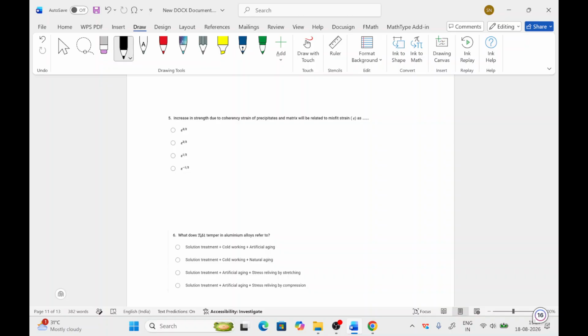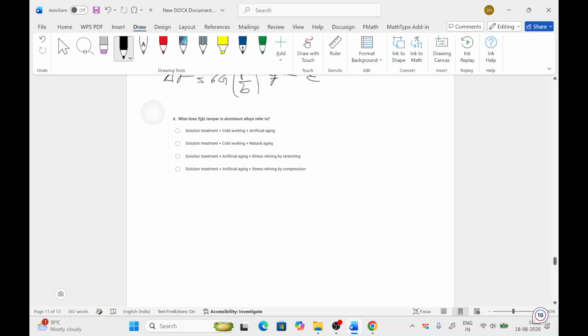So for coherency strain, we have written the equation delta sigma equals 6G epsilon to the power 3/2, into r f by b raised to power half, where f is the volume fraction, and epsilon is the coherency strain. So it is 3 by 2. So first option is correct.